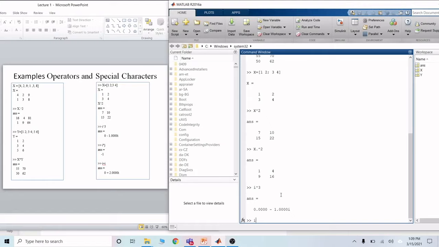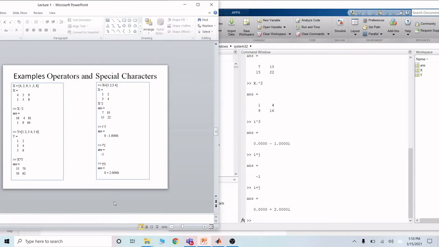Okay. i cross j, that is i star j, should be minus 1. i plus j should be 2 iota, because both are imaginary numbers. i is the square root of minus 1, so i plus j is the square root of minus 1 plus the square root of minus 1, which is 2 times the square root of minus 1. This means 2 iota. Now go for the next.